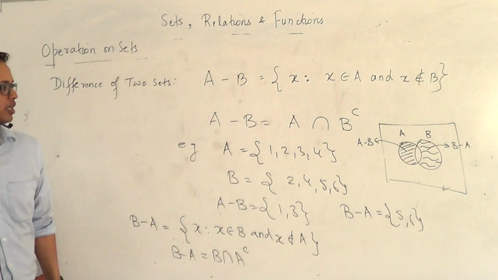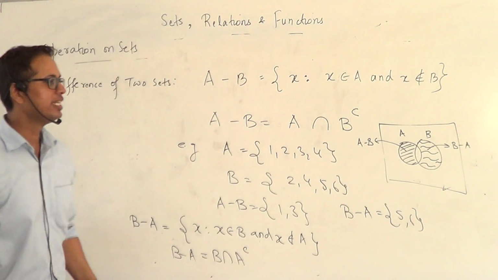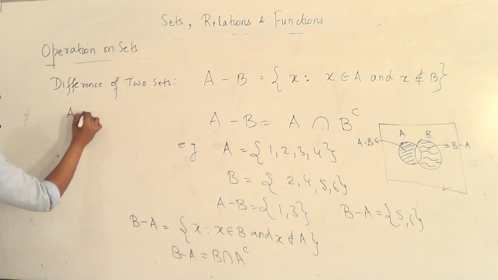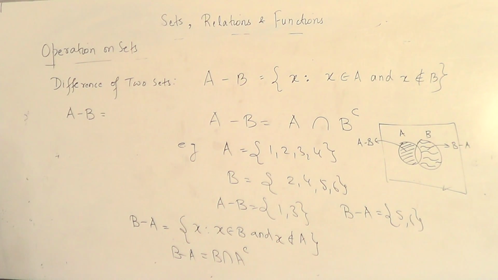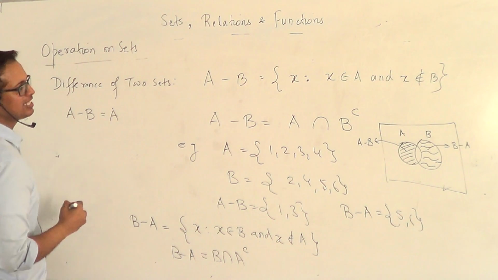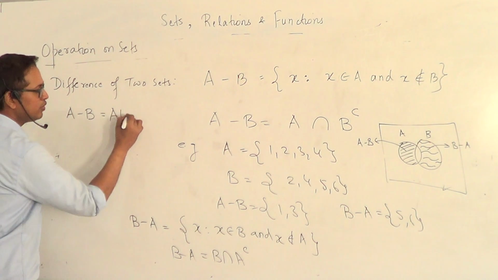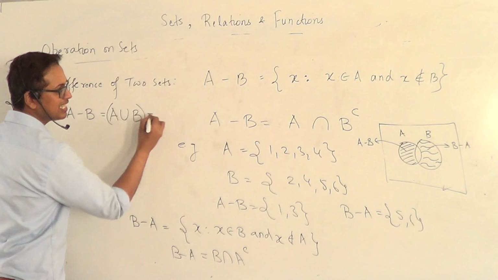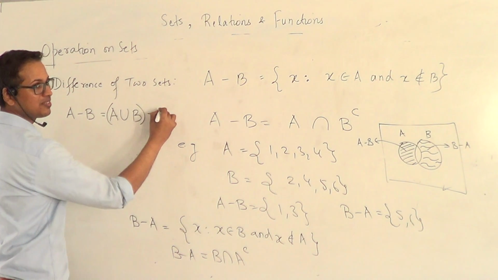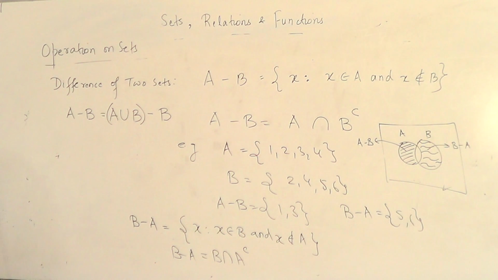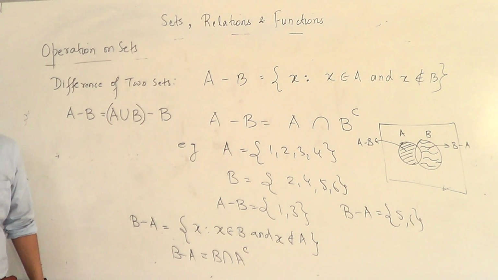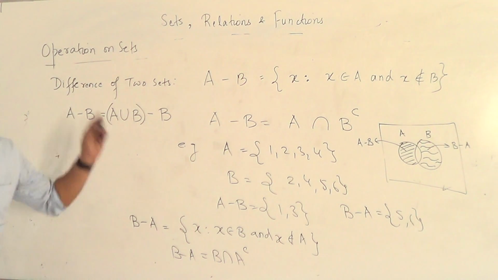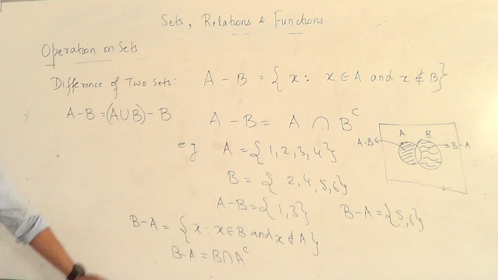If you look at the diagram very carefully, you can also say A minus B is basically A union B minus, or it could also just be A minus A intersection B. Is the difference of 2 sets clear to you?